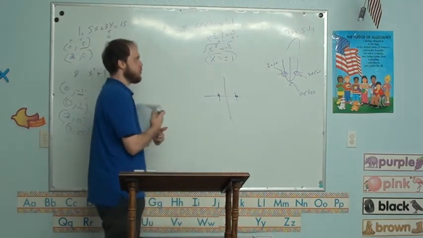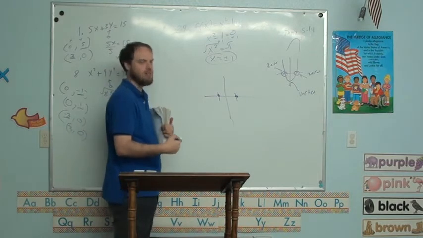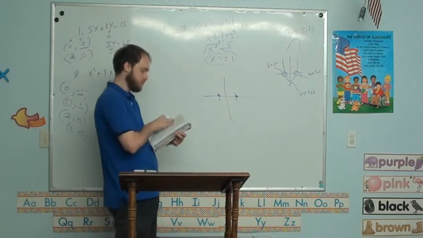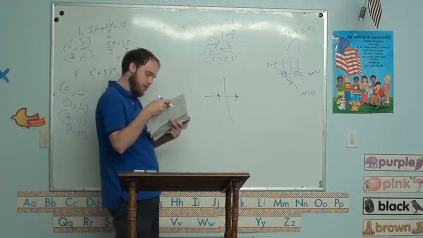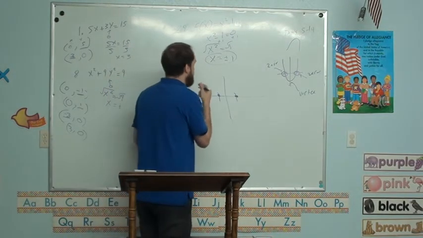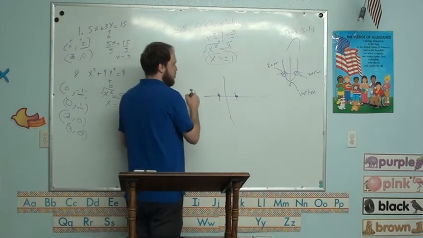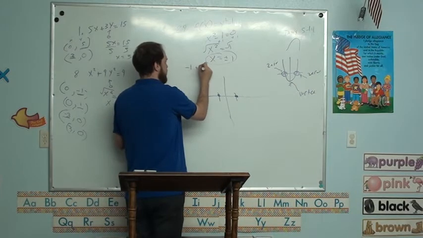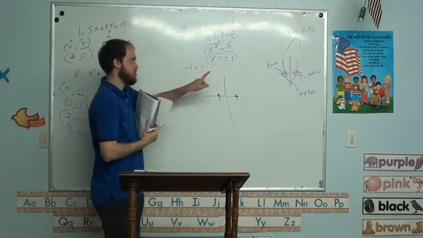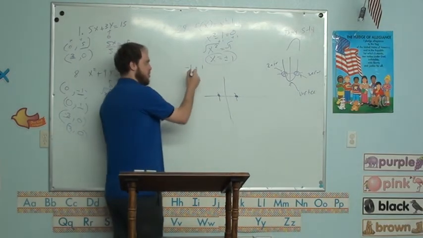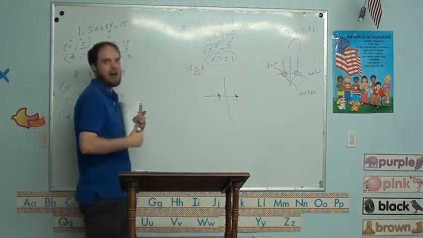So whatever your zeros are, to find the vertex, you just take those two, add them, and divide by 2. So we have negative 1 and 1, so it's going to be negative 1 plus 1, and then divide by 2, basically find the average.